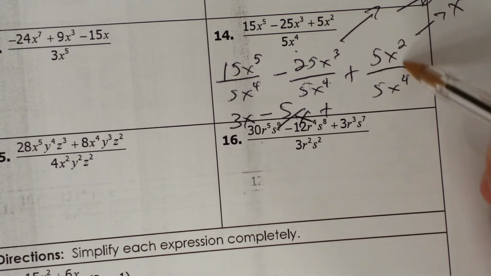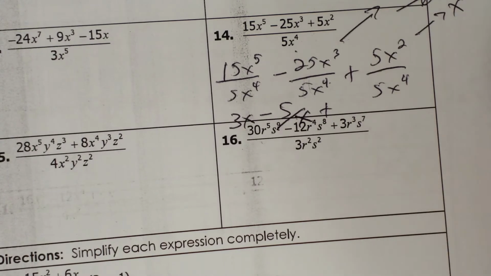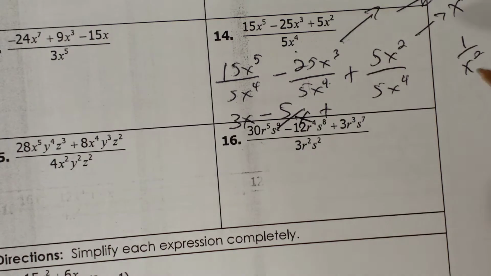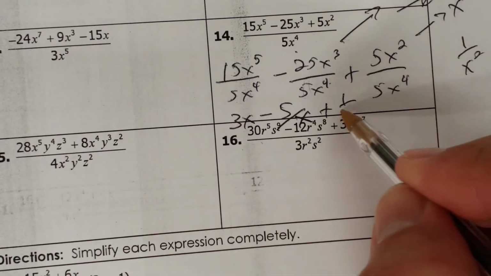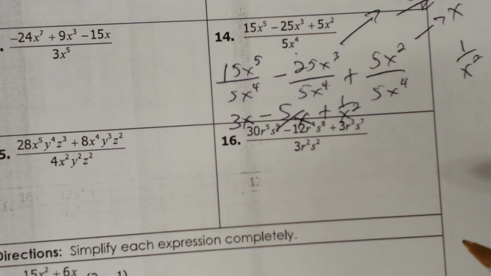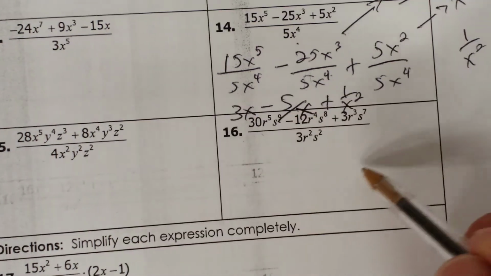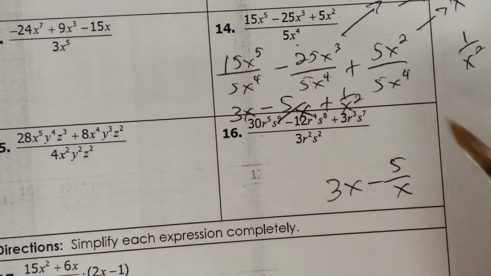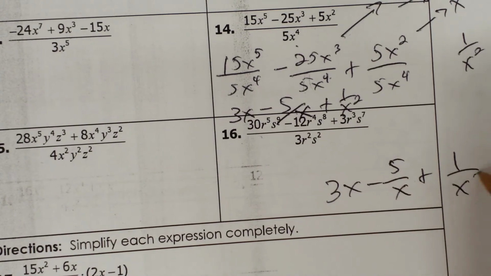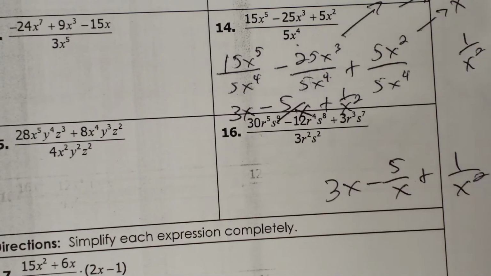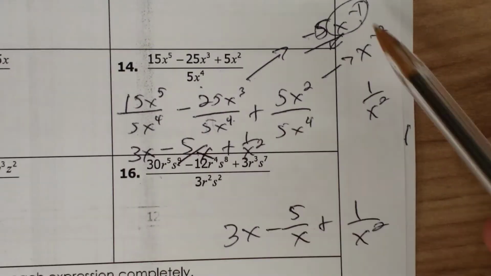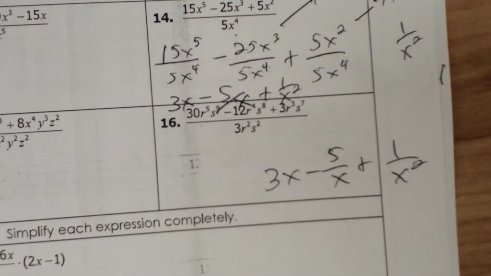And this would be x to the negative 2 power, which is the same as 1 over x to the positive 2. Remember, you can't have a negative exponent, so you get 1 over x to the second. That's kind of messy, but this answer says 3x minus 5 over x plus 1 over x squared. Remember, if you have a negative exponent, you have to fix it. You can't leave the negative exponents in your final answer.